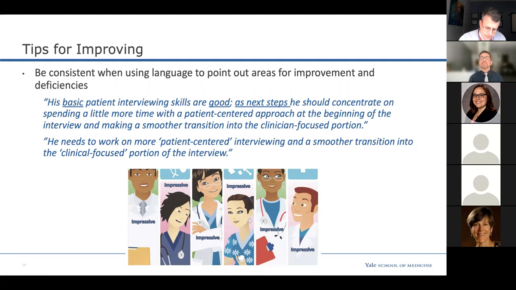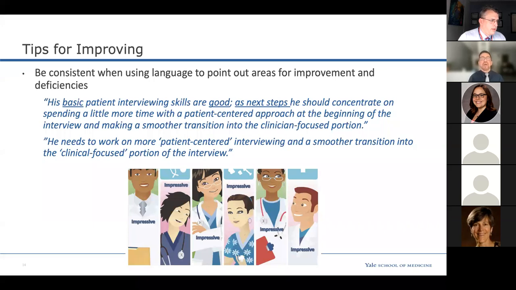This is a stark difference from what you said about the first trainee, who's really comparable in every other way to the second trainee. So maybe check across the evaluations that you write to make sure that there's consistency in people who you view as being comparable in skills and performance.